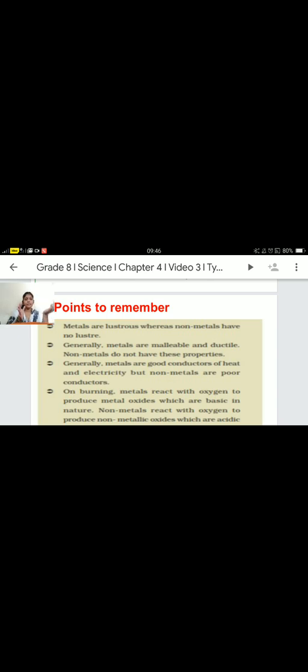We call them either metals or non-metals, because these elements consist of the smallest unit, and that smallest unit we call an atom. Naturally occurring elements up till now are 92, and these elements get divided into metals, non-metals and metalloids.